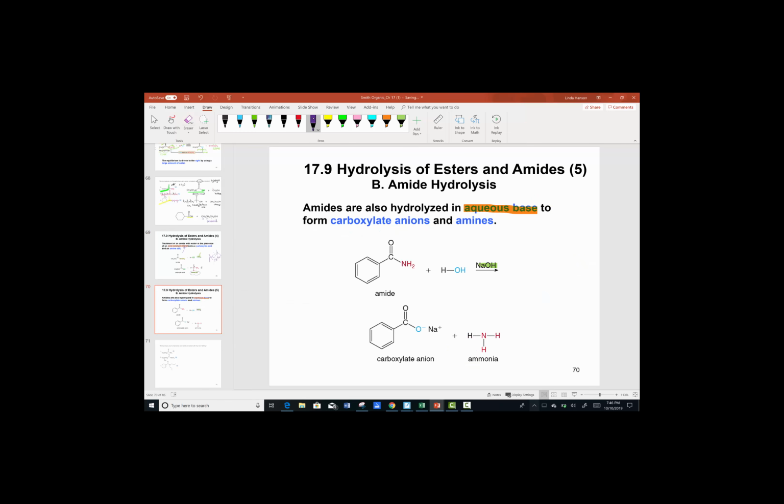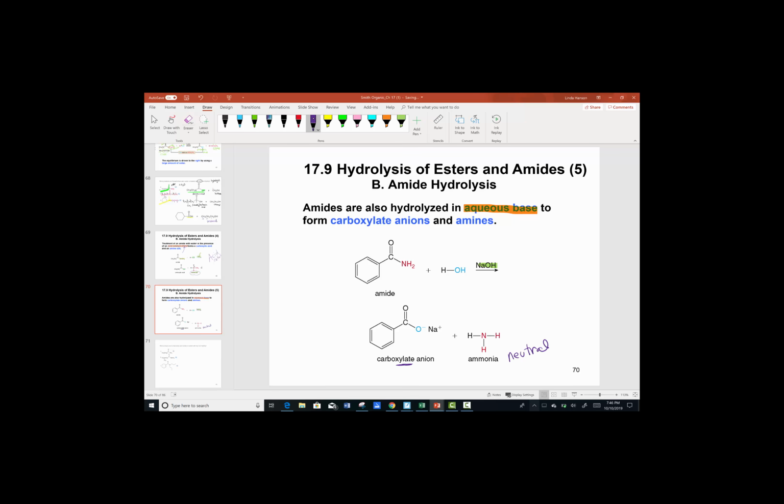But when I flip the page here, now in the second, it clearly says with a basic catalyst, that amide turns the carboxylic acid into the ion, and what's neutral is the ammonia.